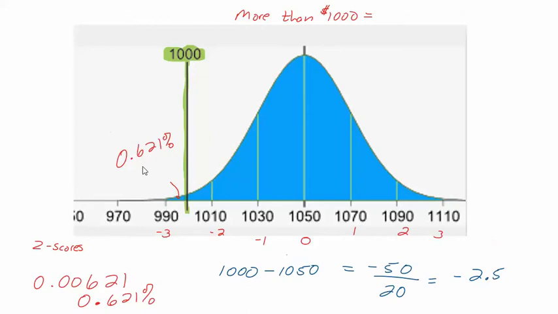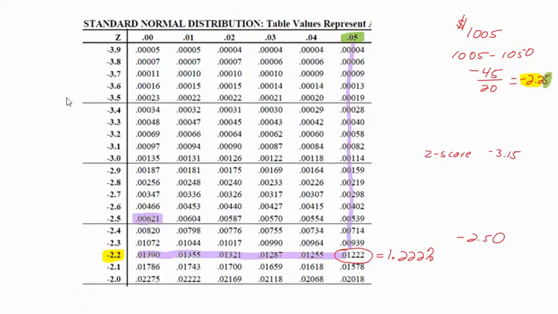So if I know that this is less than $1,000, I can take 100% minus 0.621%, and I would get 99.379%. So 99.379% of people make more than $1,000. Alright, so that's how you read the z-score table. These are your ones and tenths, these are your hundredths, and you line them up and get your percent.